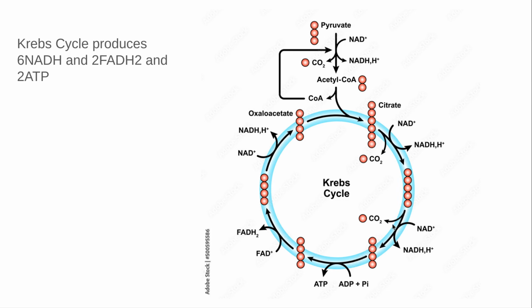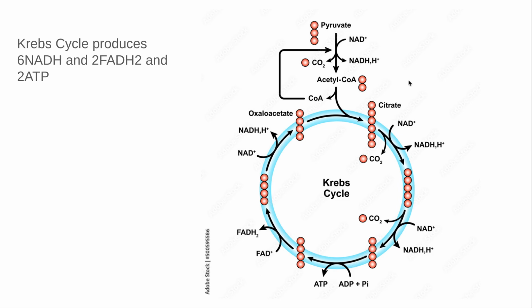This 4-carbon molecule now goes through a series of steps and is converted back into oxaloacetate. Along the way, you saw NAD plus becoming NADH, NAD plus becoming NADH, ADP becoming ATP, FAD becoming FADH2, and NAD plus becoming NADH again.